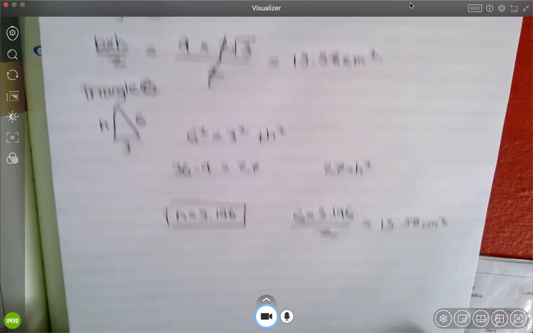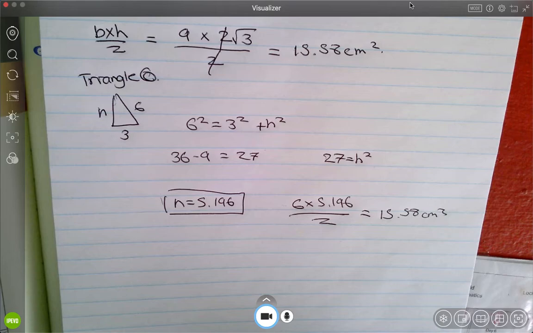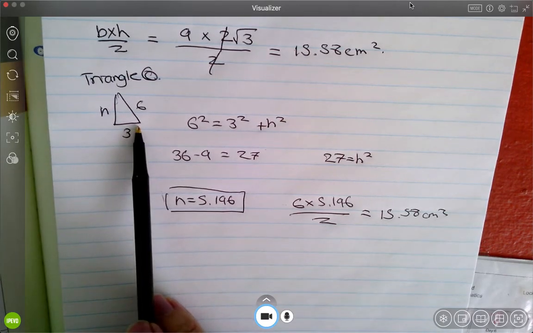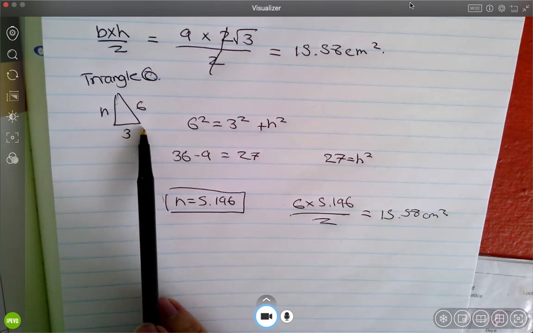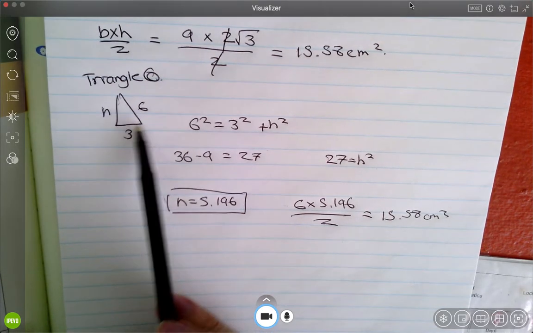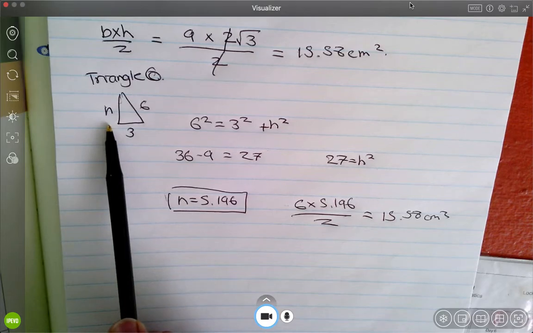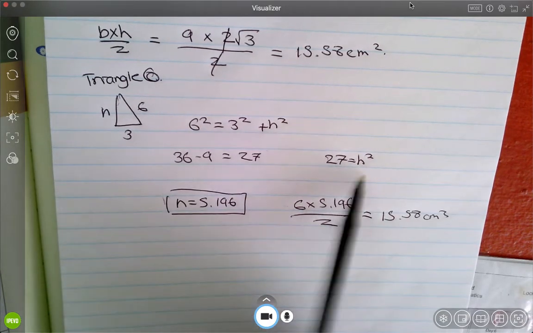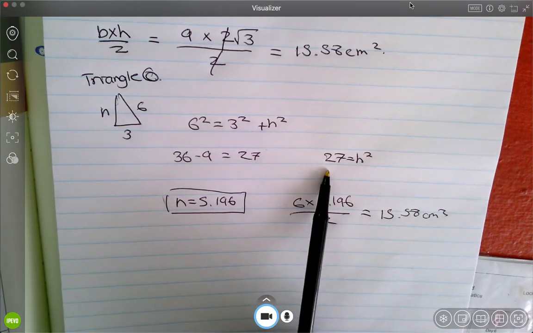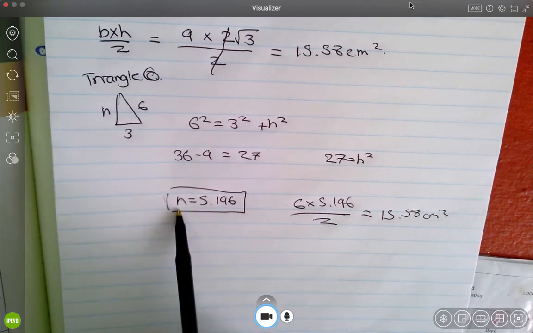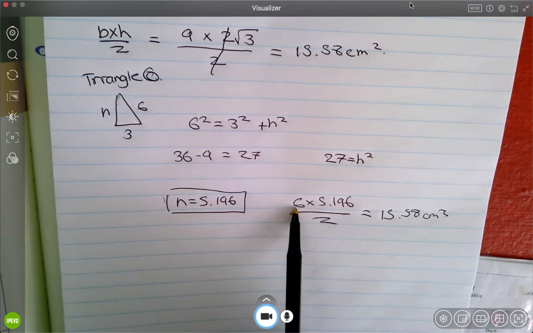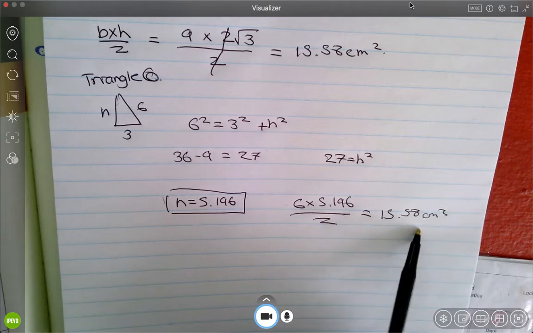In triangle C, it was the most difficult example where you had to use Pythag. So my base here was 3, my hypotenuse was 6, and my height was represented by variable h. Using the Pythagorean theorem, I found that my height squared was 27, so my height was 5.196. Base times height divided by 2, I get the same area.